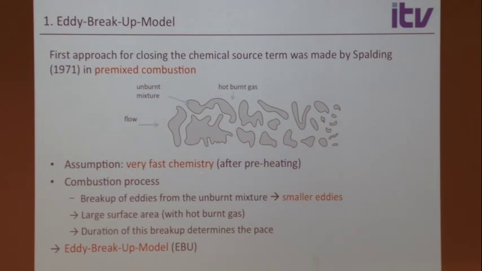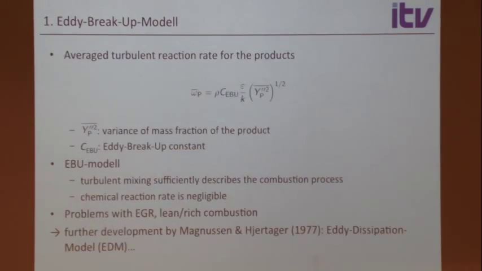So the idea here is that the mass burning rate is really governed by the heating process or by the mixing process. How does the turbulence mix the reacted gases with the unburned, and then of course the dissipation will take place and will mix also on the molecular level. And so that's the eddy breakup model.